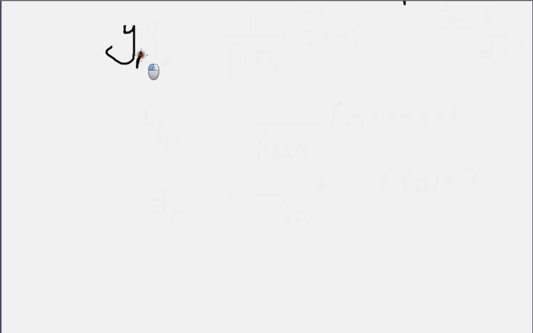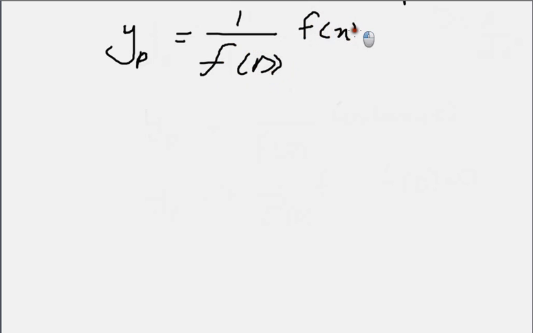Yp equals to 1 over f of D, f(x). Now here Dn equals to dn over dxn.